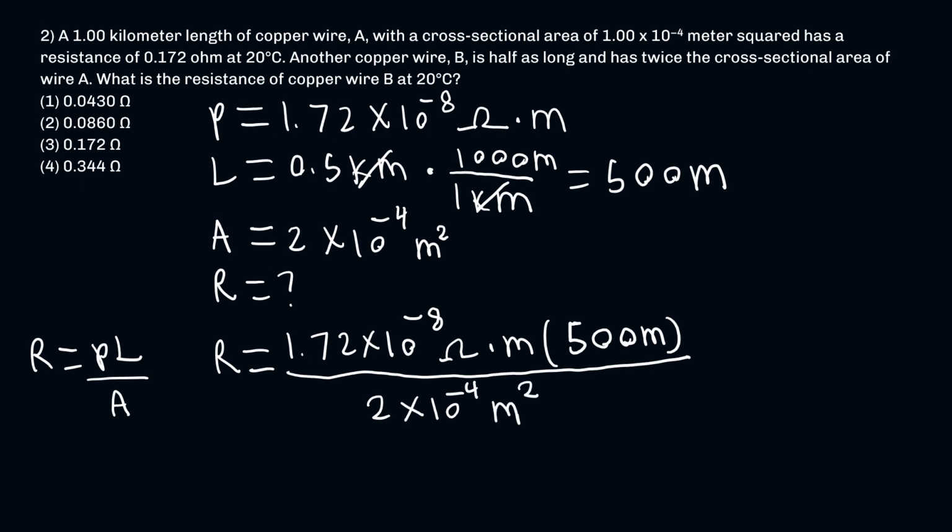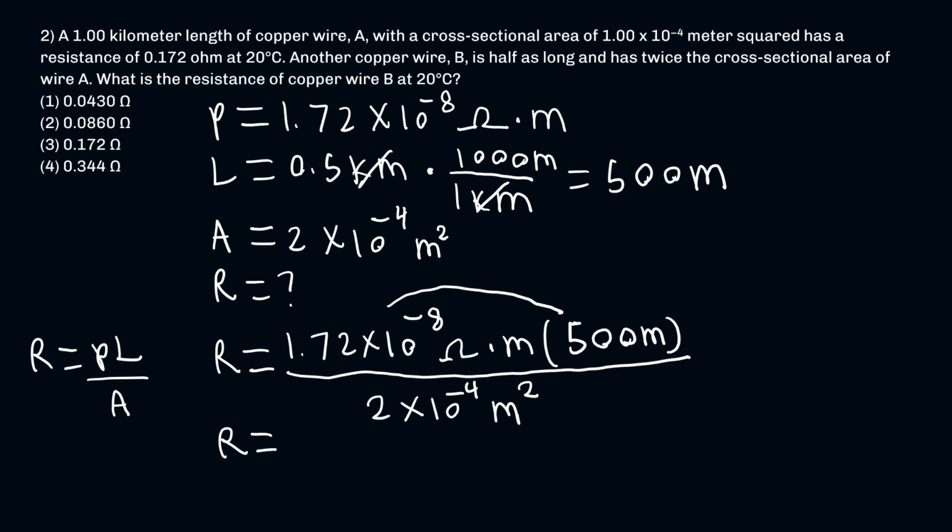I'll first quickly multiply the top, just to get all the steps in, in case anybody is a little bit confused. So we have 1.72 times 10 to the negative 8th times 500.